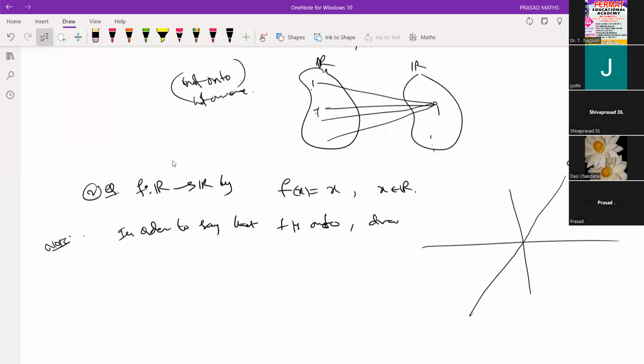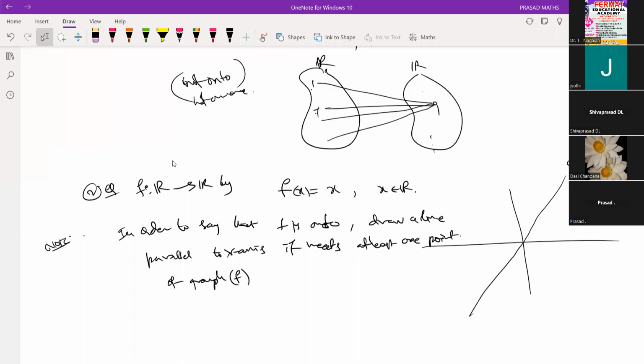draw a line parallel to the x-axis. If it meets at least one point of the graph of the function, then we say that f is an onto function.